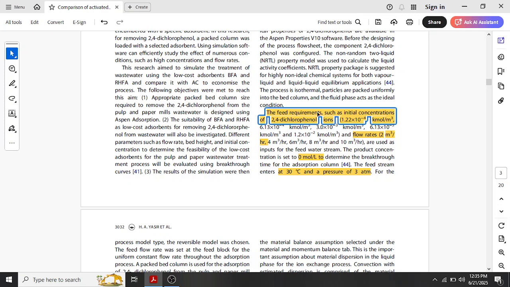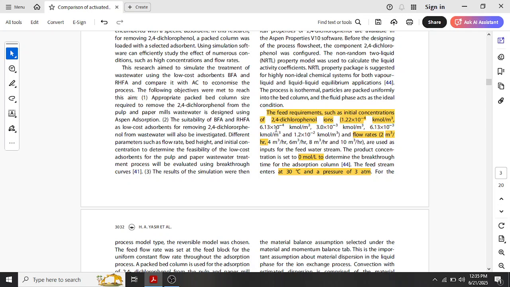So for the feed requirement, you can see we can use various initial concentrations of the component in the feed flow rate. In this paper, they have used a phenolic initial concentration in the feed of 1.22 multiplied by 10 raised to the power minus 4 kilomole per cubic meter.